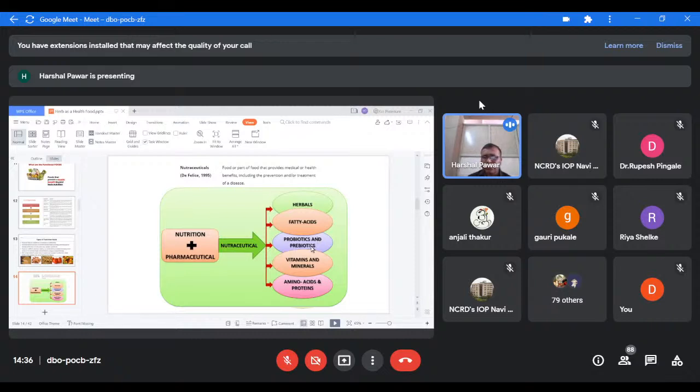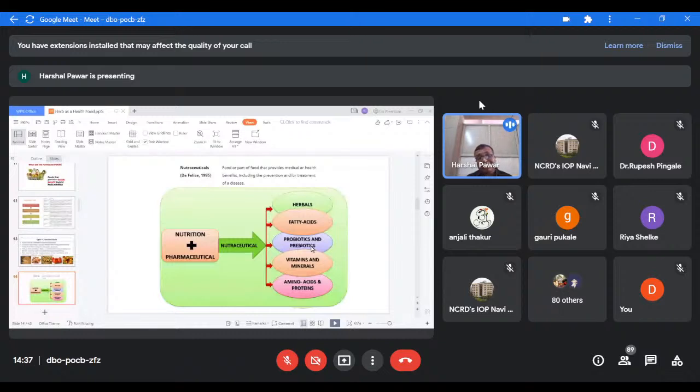Especially those microorganisms which are there in the intestine or the gut, right? And at the same time, it will provide a favorable environment in the gut or intestine so that those essential microorganisms which were killed by consuming some of the antibiotics or antimicrobials, right? So those you can replace, supplement, balance, right? So this is one of the roles of prebiotics and probiotics.